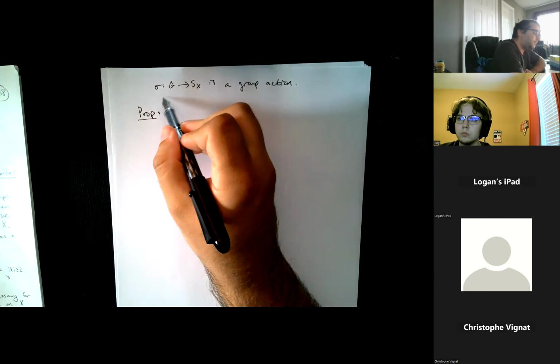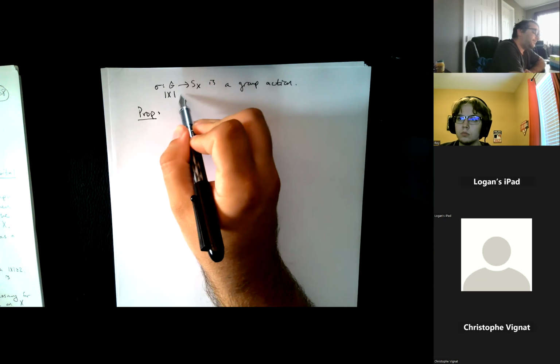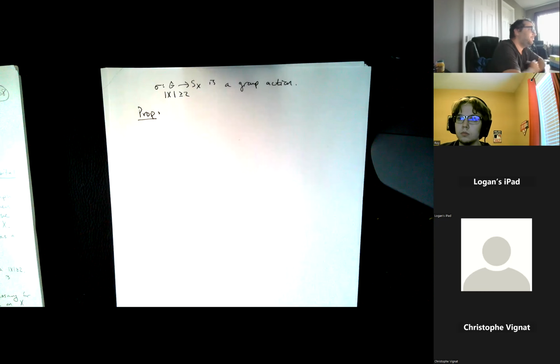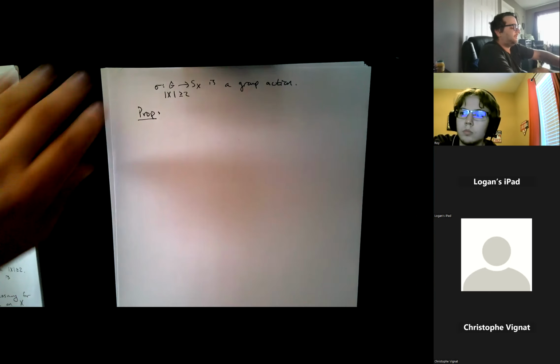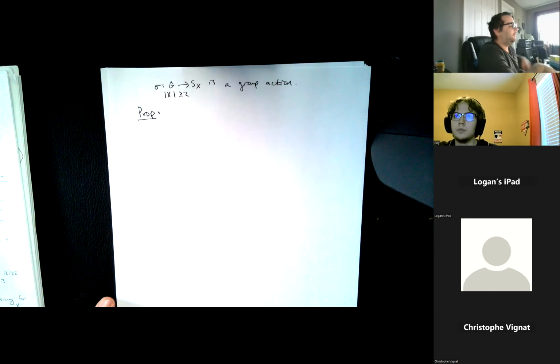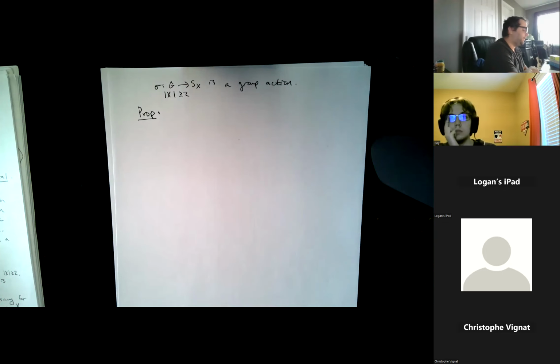And I'm also going to assume from now on that the cardinality of x is greater than or equal to 2. A lot of this still holds for the cardinality of x being 1, but it's a very trivial case most of the time. And I think I have it in my notes to specify whenever something needs this restriction.